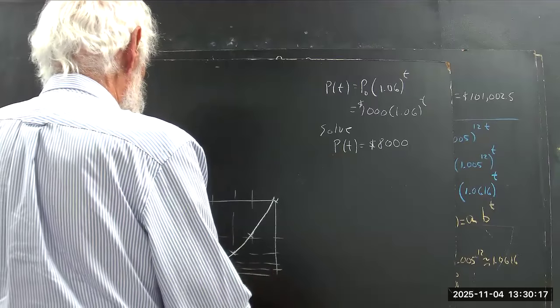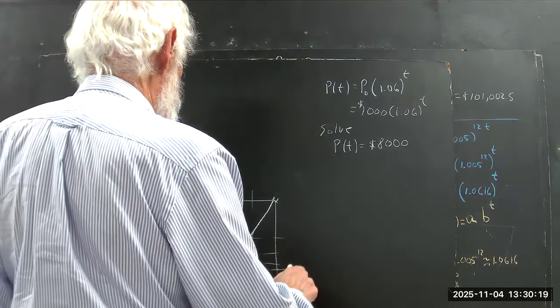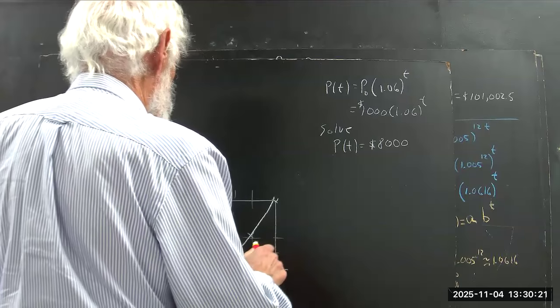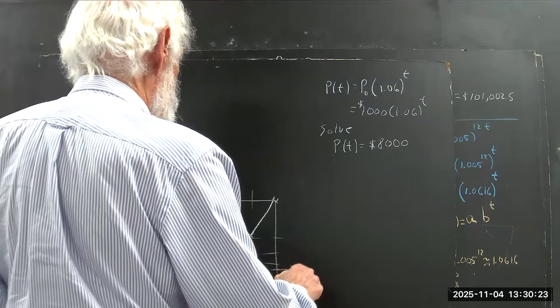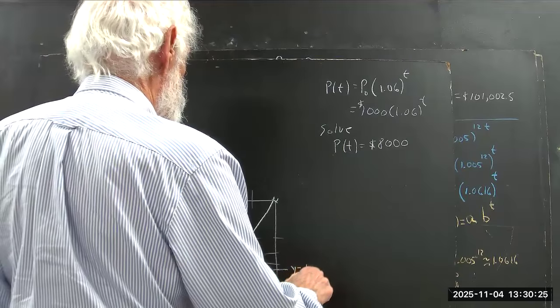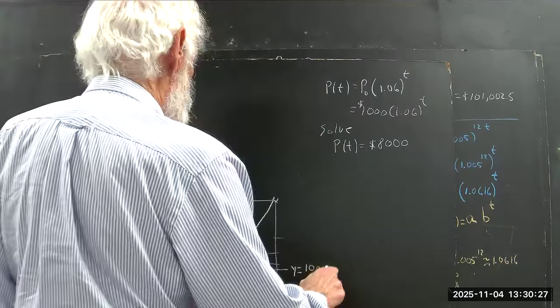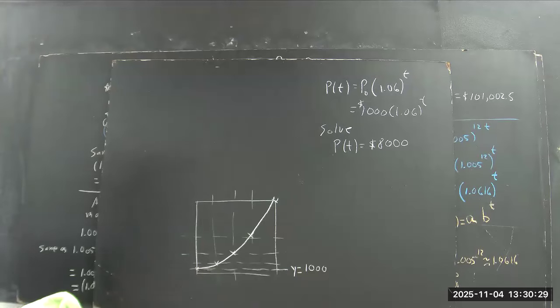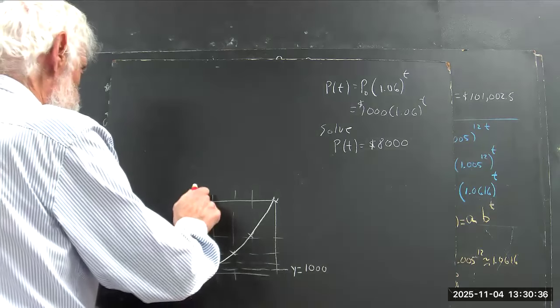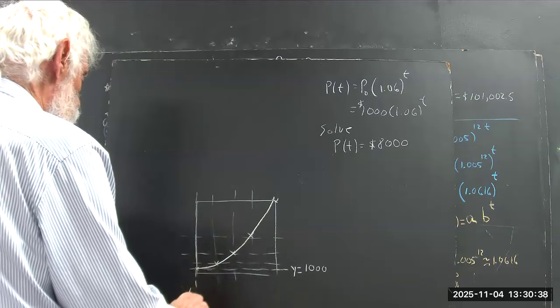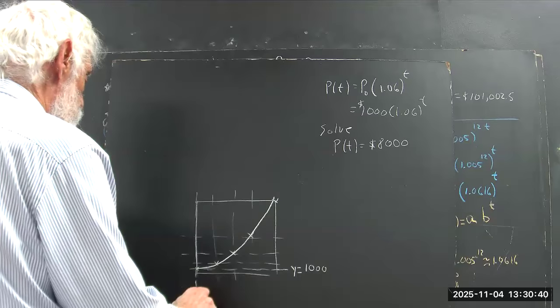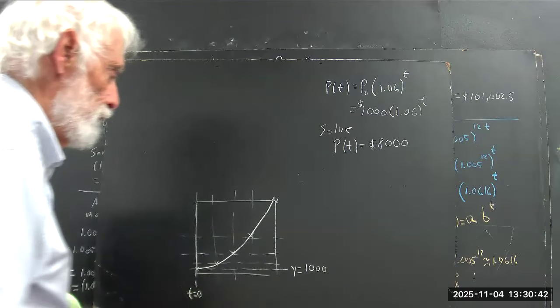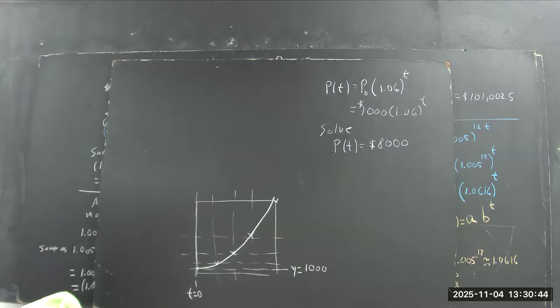So I'm going to just say that this is y equals 1,000, and this line is t equals 0.